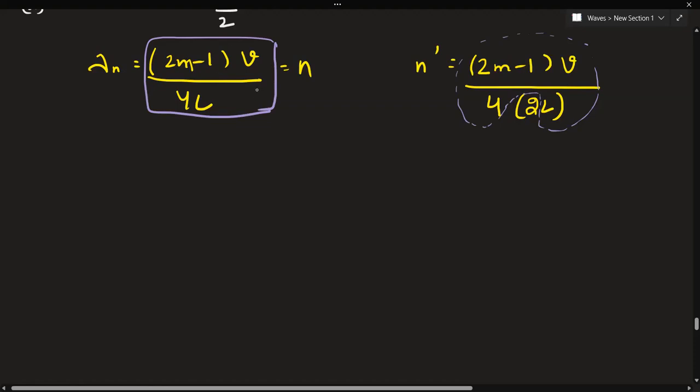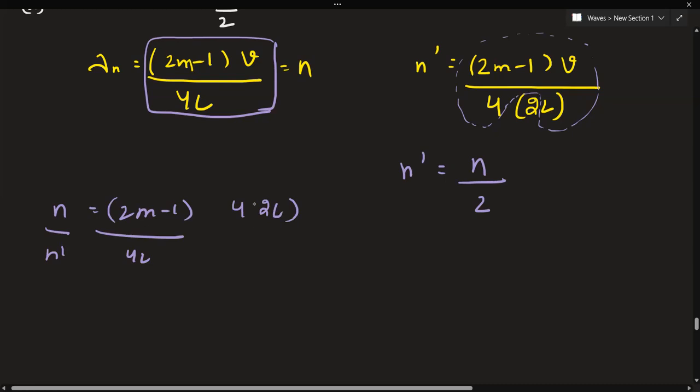Yes, Asifa? Yes. So see n dash is what? This is n by, what is extra? 2. So this is n by 2, not 2n. See, even if you take the ratio, n is 2m minus 1 by 4L, and n dash is 4 into 2L by 2m minus 1.